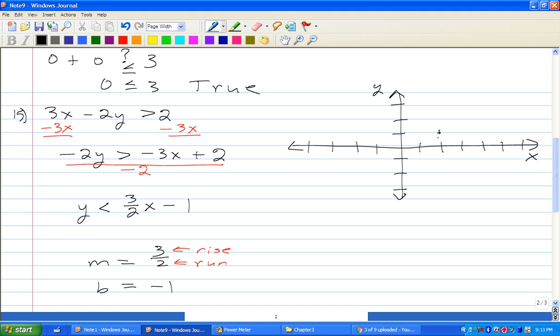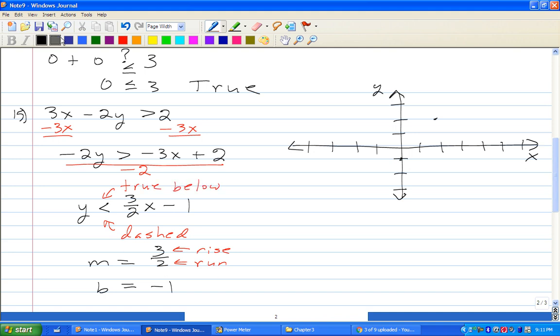So I have these 2 points on the boundary line. Notice that there is no equal, so this is a dashed line, so the boundary line is dashed. And it's going to be true below.